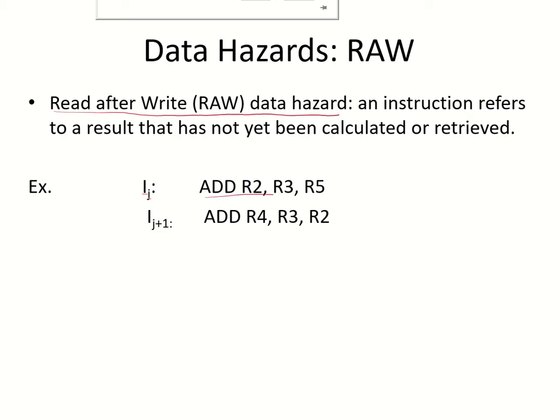Here we see R2 is the destination for Ij and R2 is the source for Ij+1. In Ij+1, this R2 register has to be read, and in Ij it has to be written. So this is a read after a write operation. That is why it is referred to as a RAW data hazard.